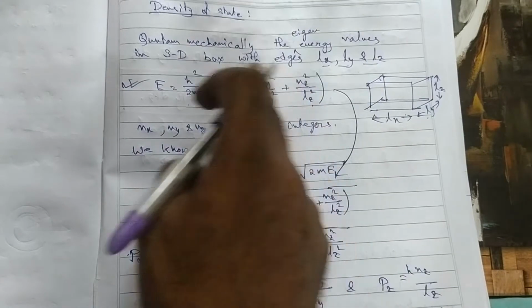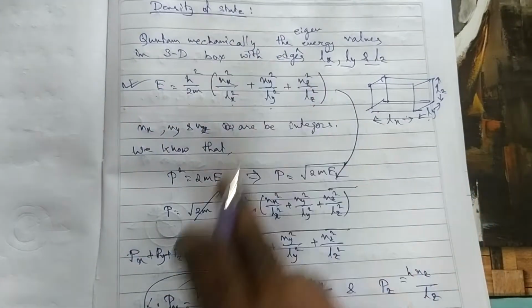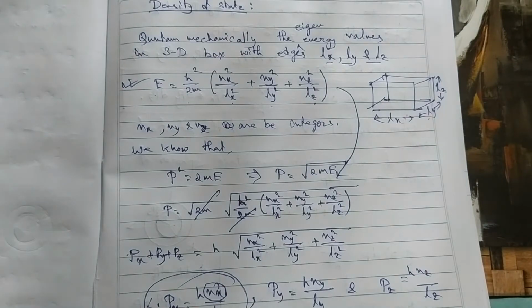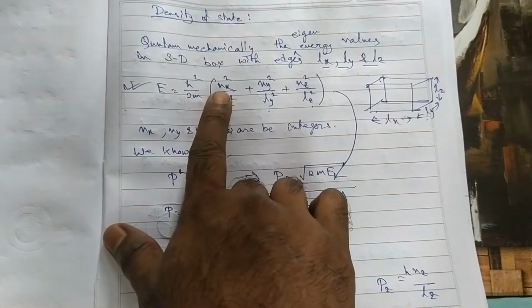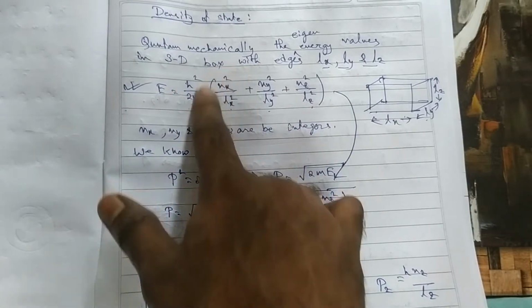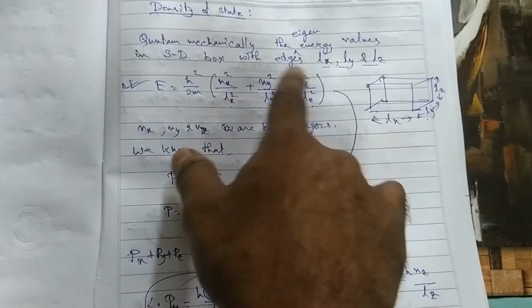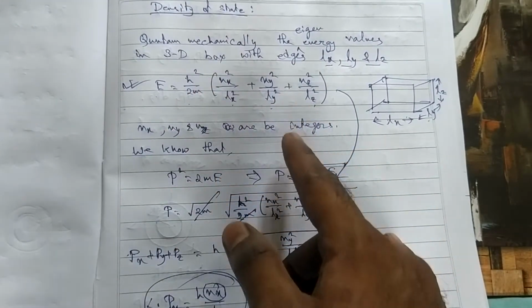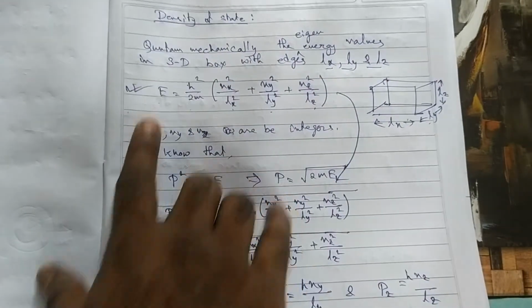Now we consider this energy and convert it into a momentum term. Because these quantum states are in terms of energy, we just convert this energy state into momentum.